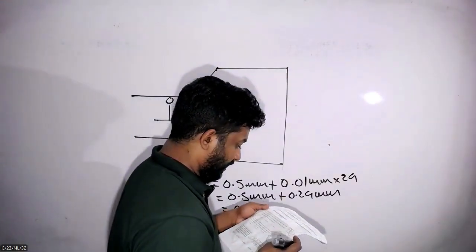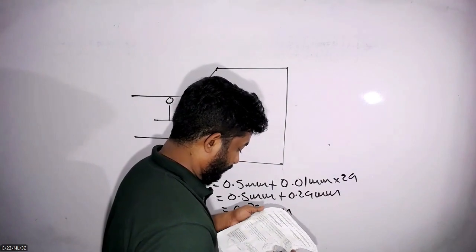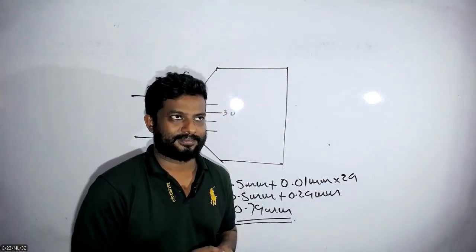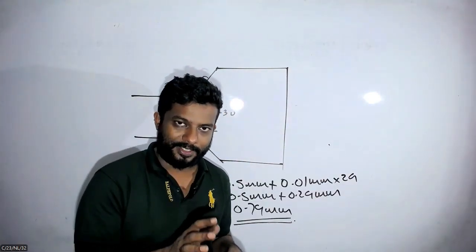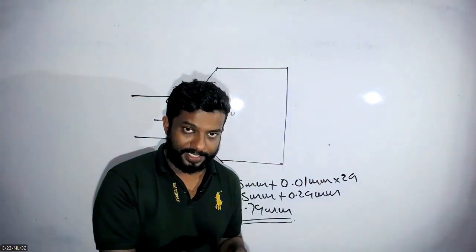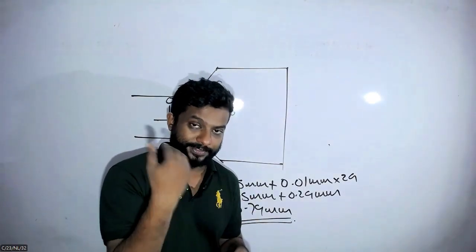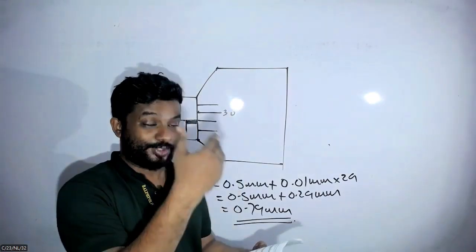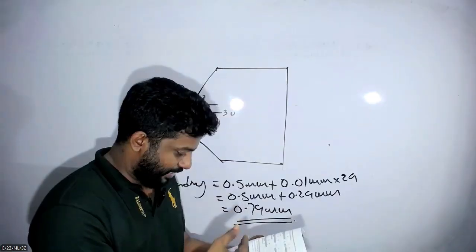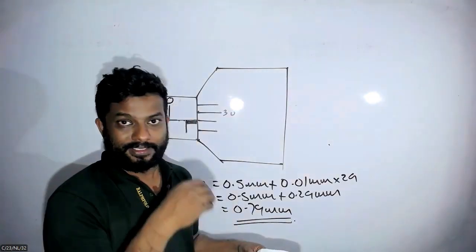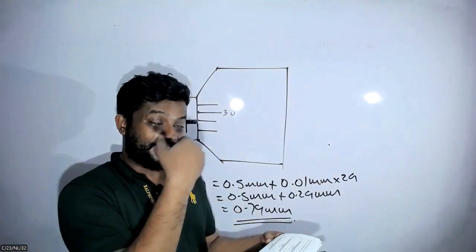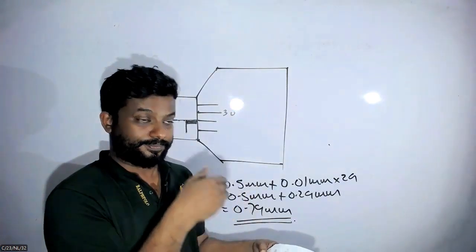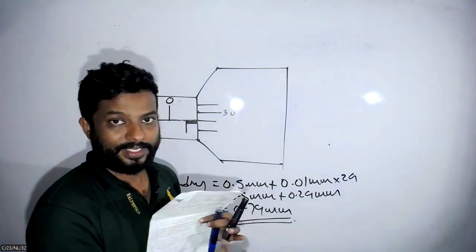Then the zero error due to a rusting layer between the anvil and the spindle. If there is a rusting layer between the anvil and the spindle, there is a positive zero error. If there is a positive zero error, your reading should be 0.04 millimeter, equal to the thickness of the rusting layer, greater than the real value.